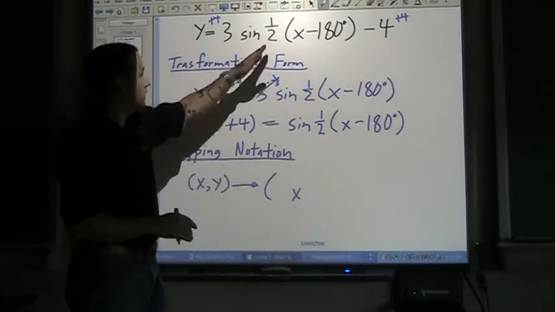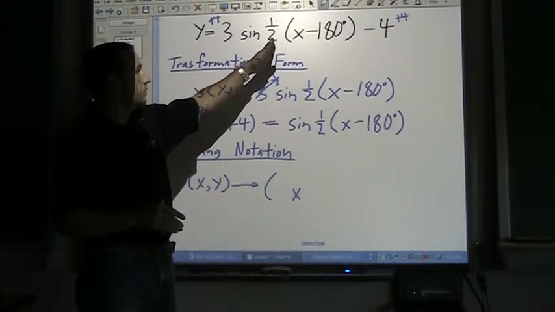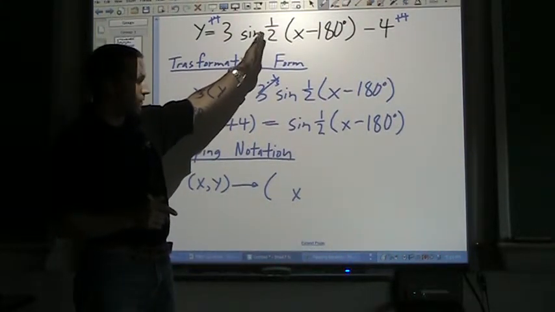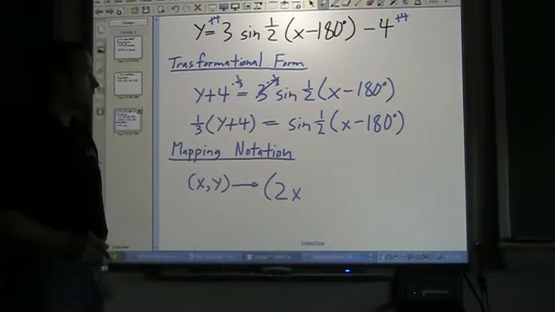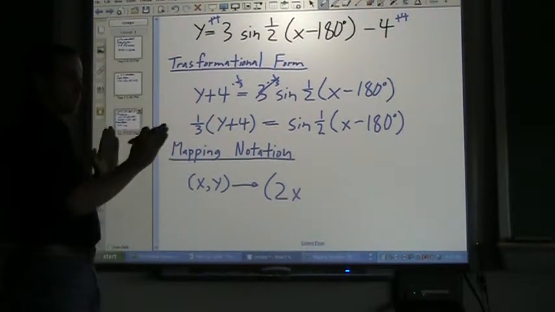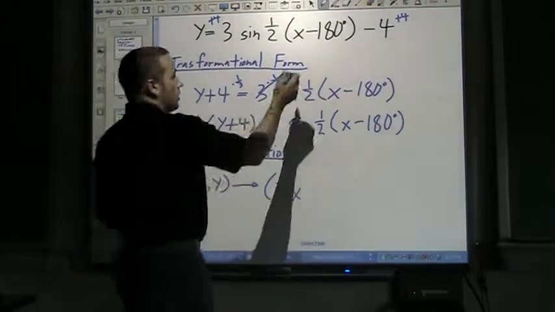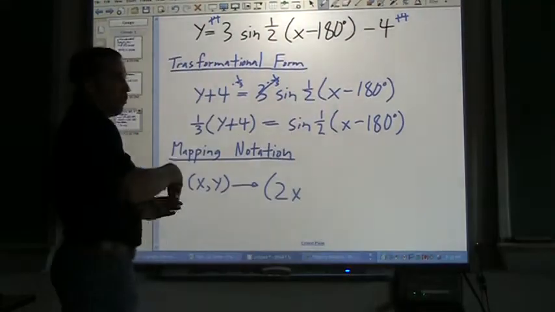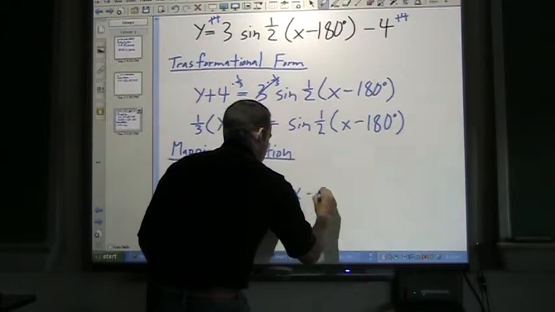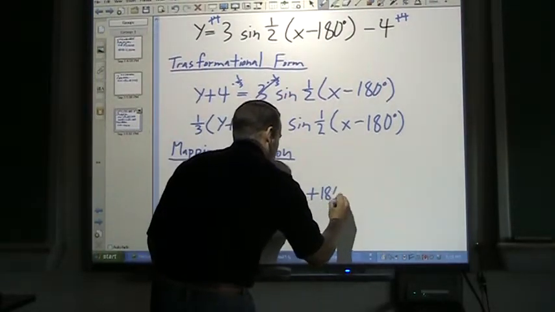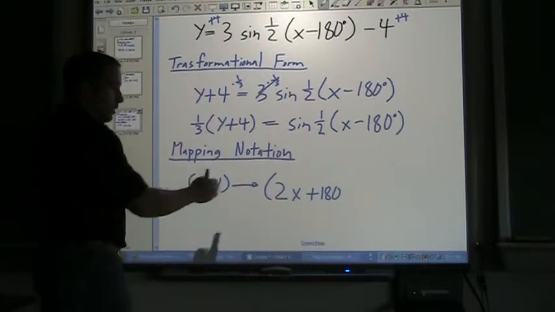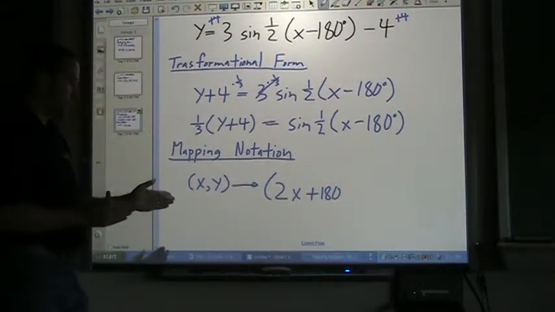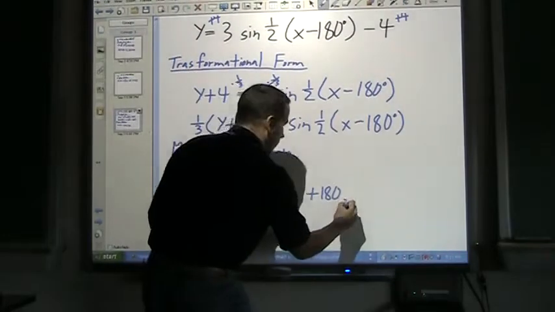Remember again, the period is the reciprocal of this number, so the reciprocal of 1/2 is 2. So now my period is twice as long. And then have I moved it left or right horizontally? Minus 180 means I've gone 180 to the right. To the right on any normal number line is positive, so plus 180. So now I've told the person everything that's happened to my wave in the x direction.